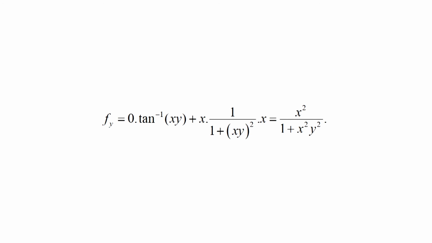Similarly, f suffix y is equal to 0 times tan inverse of xy plus x times 1 upon 1 plus (xy) square times x, which is equal to x square by 1 plus x square y square.